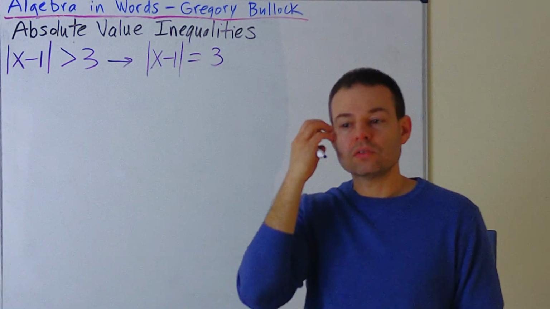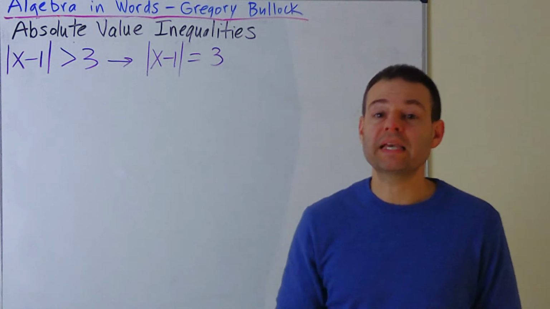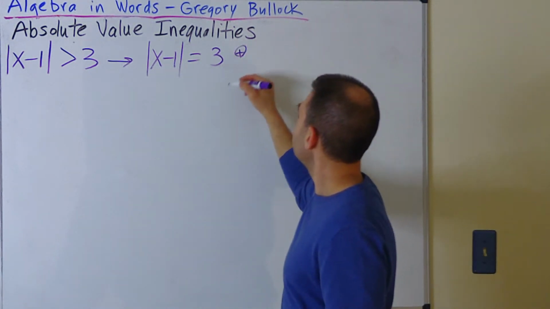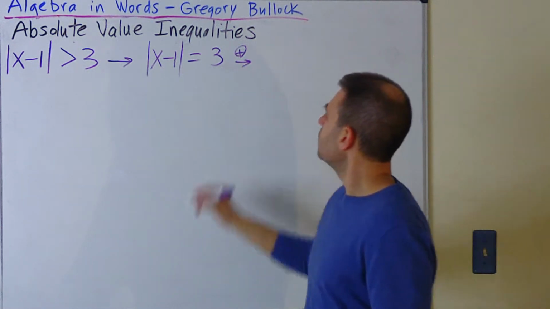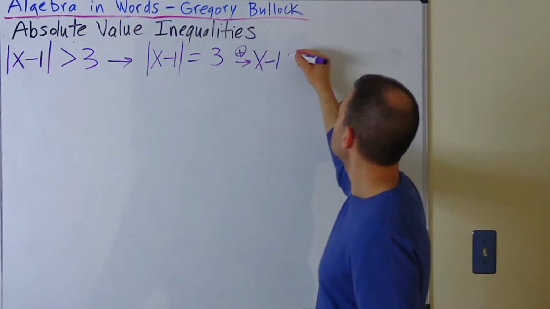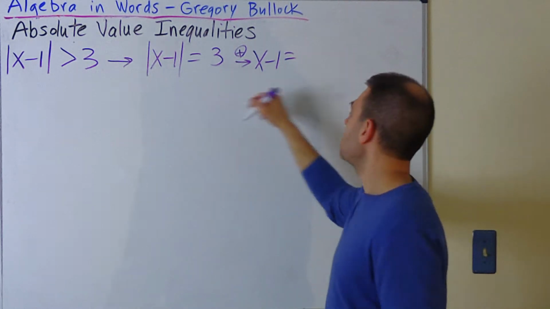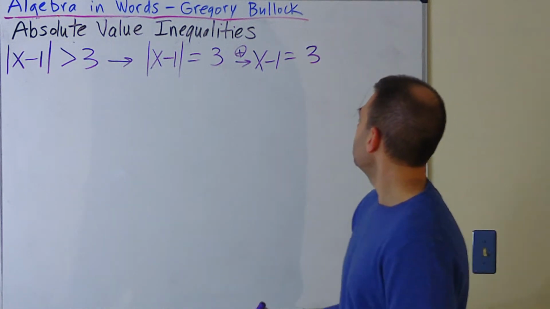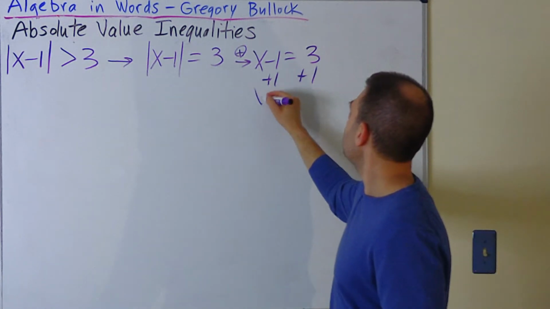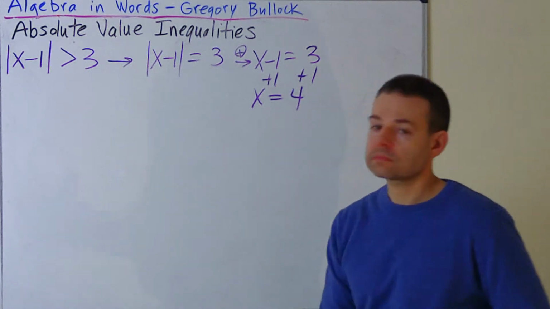And then what we're going to do is make a positive and a negative. So let's do the positive up here. And to do that, we're going to keep this the same, x minus 1 equals, and keep this the same, 3. And let's simplify that. Plus 1, x equals 4.